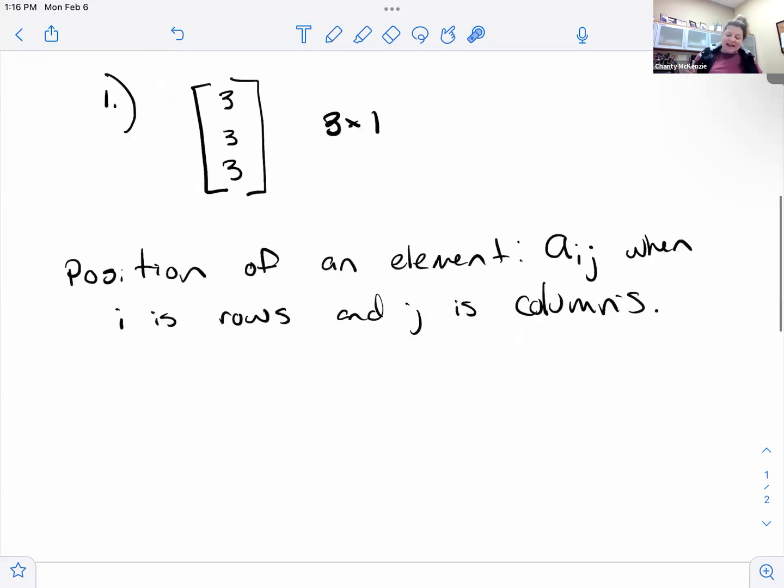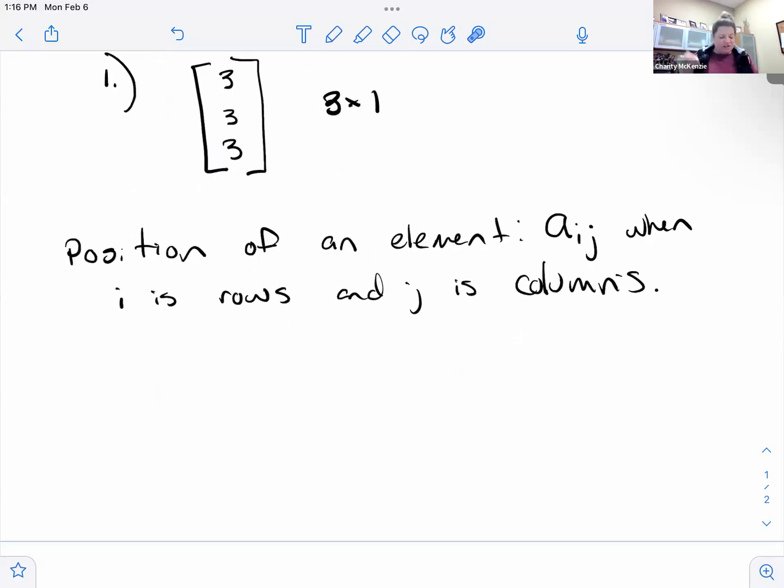So let me list out a better matrix just for us to think this through. I'm going to call this matrix A, just so you see that notation as well. Maybe this is 1, 7, 0, 4, 0, 5, -2. I want all the numbers to be different, not like the 3, 3, 3 above, because it's hard to say, hey, what position is 3 in when they're all 3s? Okay.